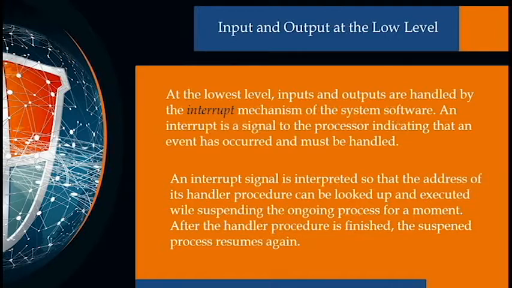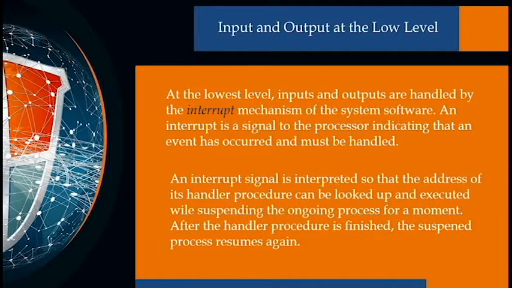So an interrupt signal is interpreted so that the address of its handler procedure can be looked up and executed while suspending the ongoing process for a moment. After the handler procedure is finished, the process resumes again.